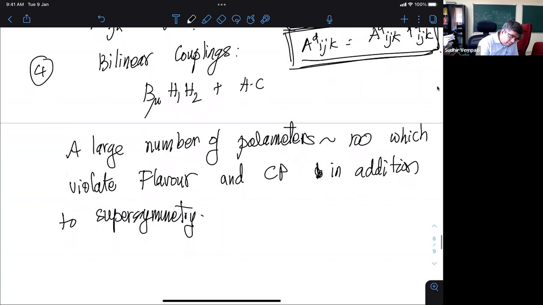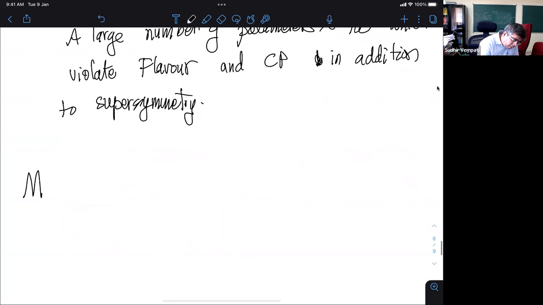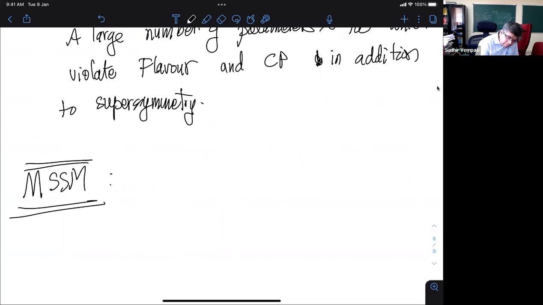So what we call MSSM today is again L gauge.